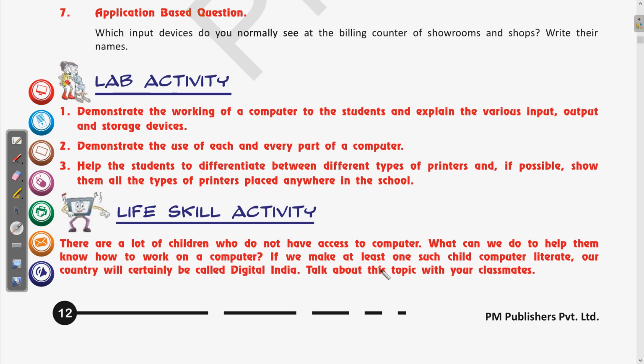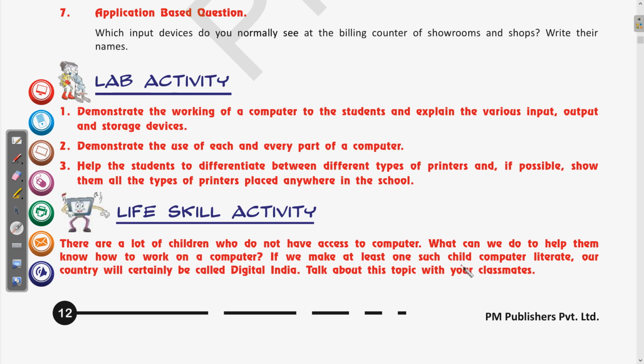Then if you make at least one such child computer literate, our country will certainly be called Digital India. So talk about this topic with your classmates. This is a very good initiative.